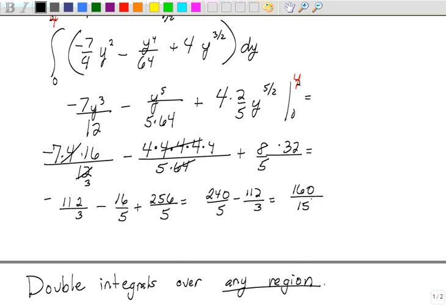We're going to divide 160 by 5. That's 32 thirds. So we get the same answer if we reverse the order of integration.